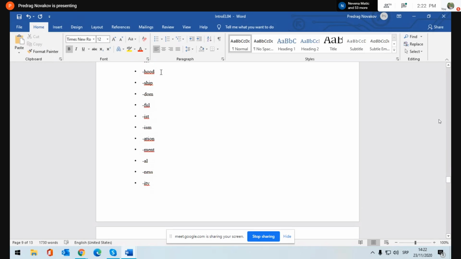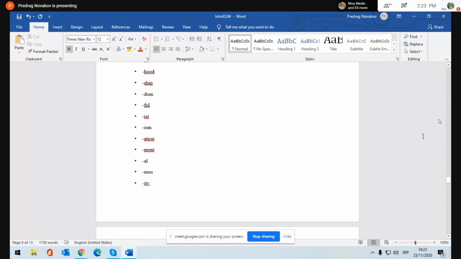Like brotherhood, for example. And again, this is not the same as the word hood. There is a word hood in English. There is a word ship in English, but these are suffixes, okay? Brotherhood, friendship, kingdom, full, like in what? Like in colorful, for example.